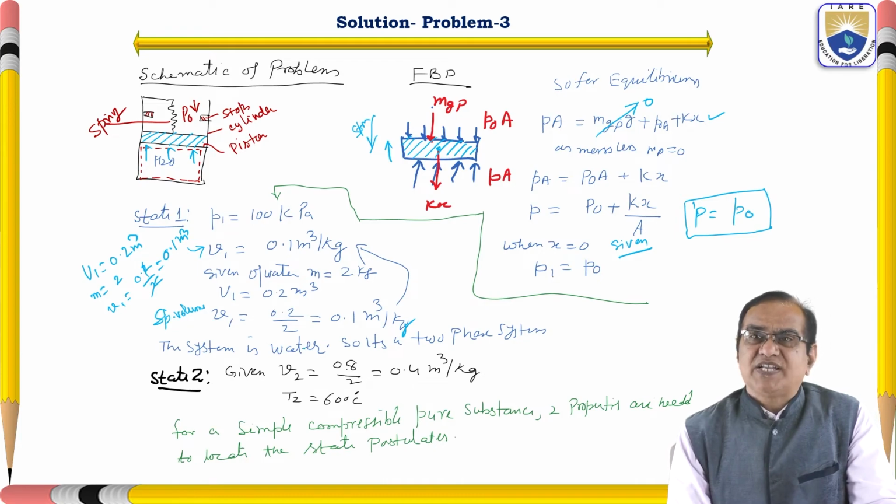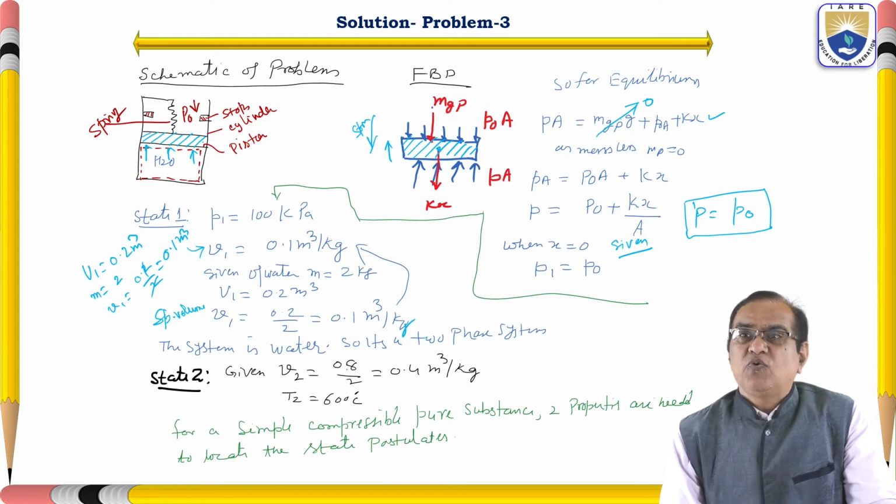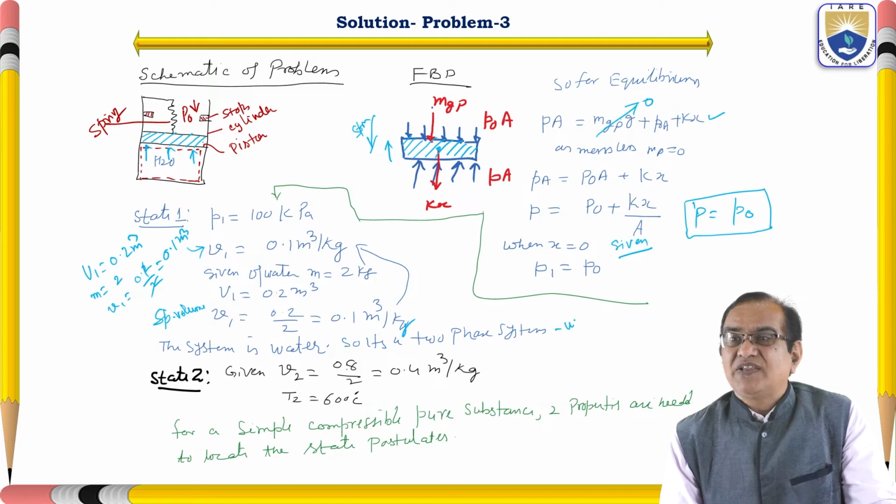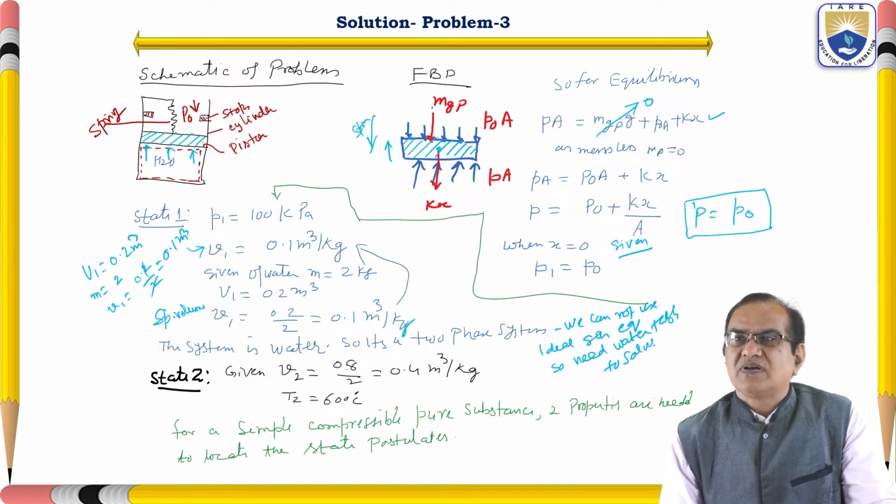The system is water, so it's a two-phase system. We cannot use the ideal gas equation, so we need the water table to solve these problems.